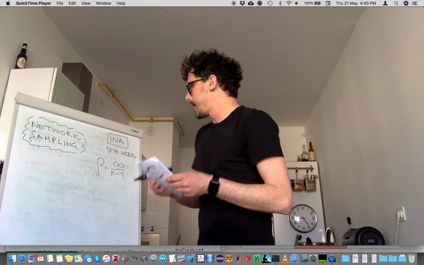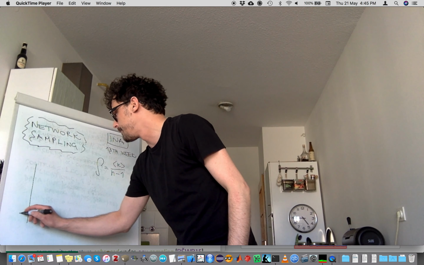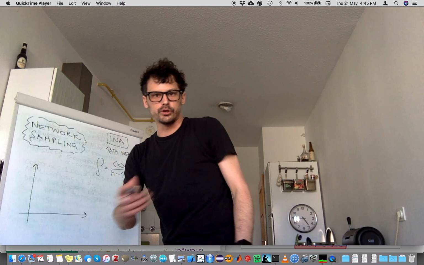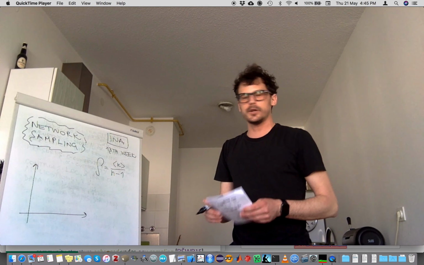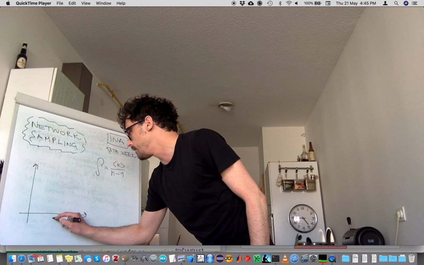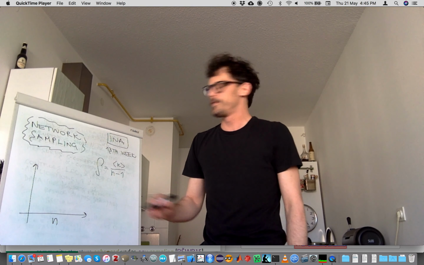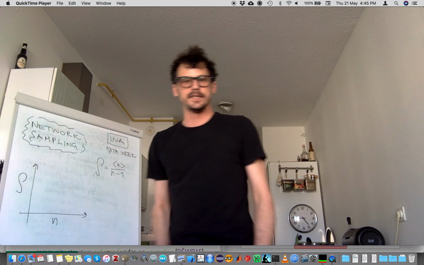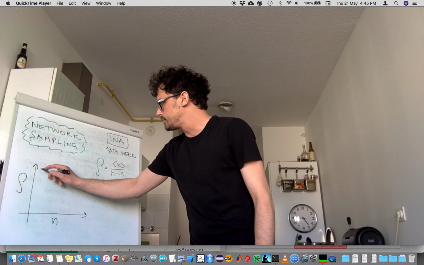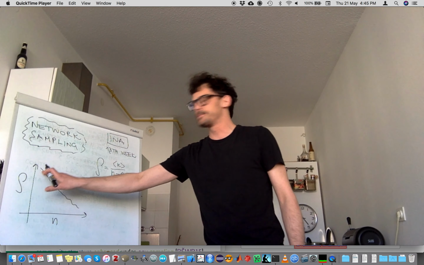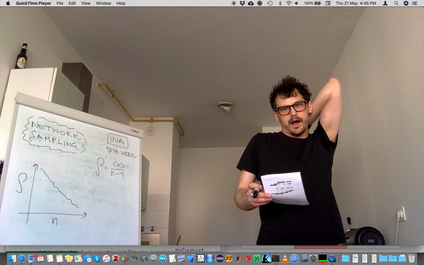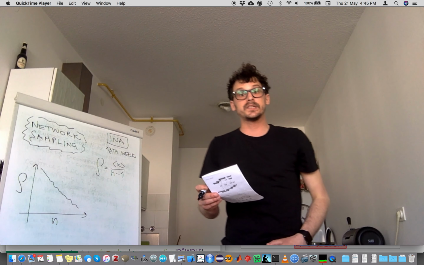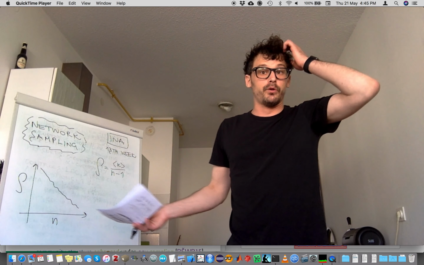And then you can plot. The authors took about 100 different networks, and for each they plotted their size, the number of nodes, and their density. It turns out that this plot roughly follows a straight line on a double logarithmic plot.